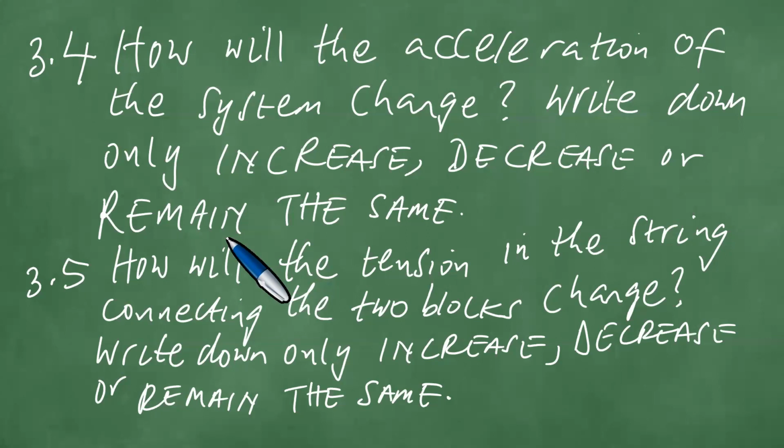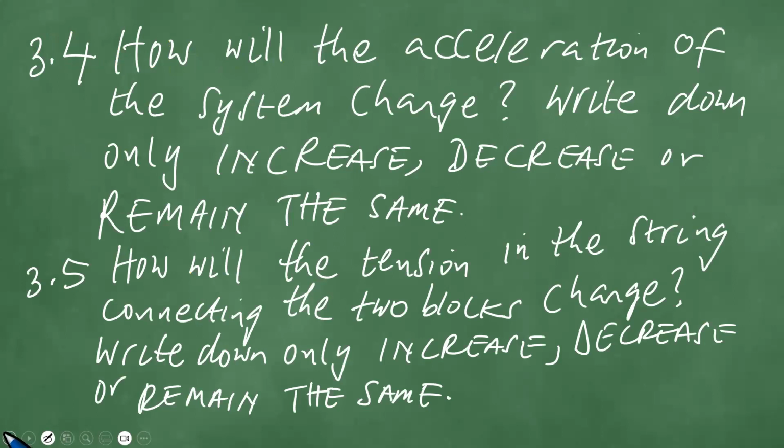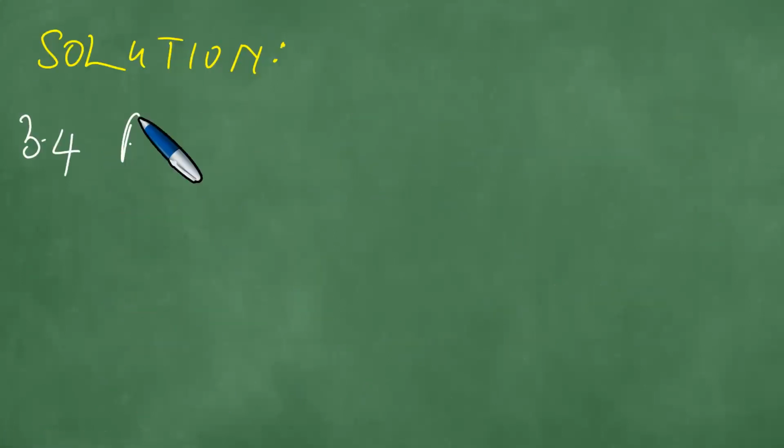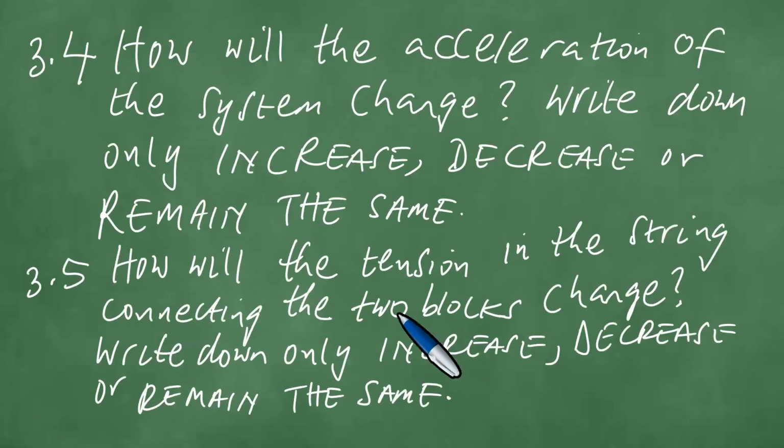Because it is the same force that is applied to the system, in part 3.4 the acceleration remains the same. 3.5: How will the tension in the string connecting the two blocks change?